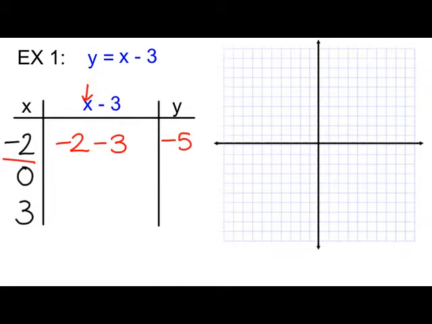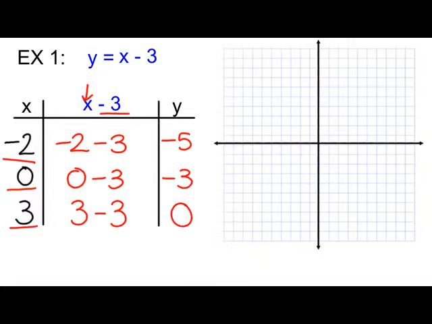Now I do 0. So I'm putting 0 in. So 0 says subtract 3 from it. 0 minus 3 is -3. And I'm going to do this one more time using 3. So I put my 3 in. So 3 minus 3 gives me 0.